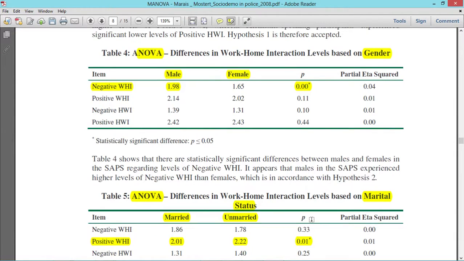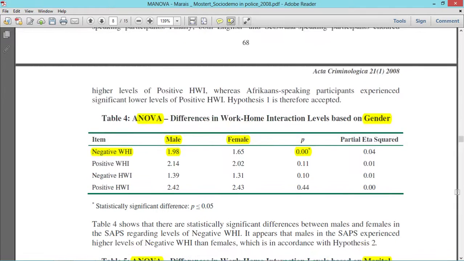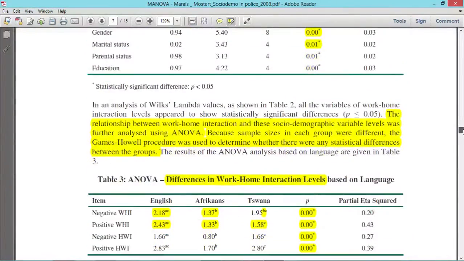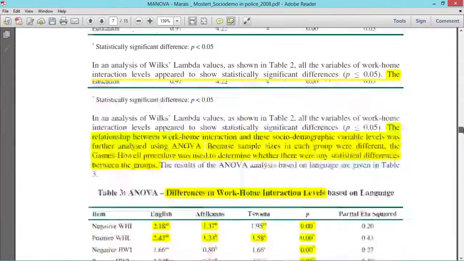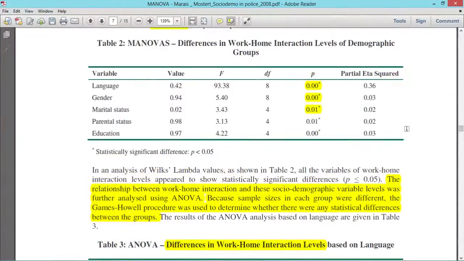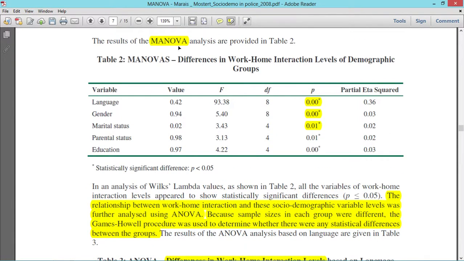Okay, so that's the concept that I've basically, I'm trying to think of the right word, conveyed. And I trust that if you go through this video a few times and you grasp the concept of what I'm doing, you'll be able to apply it in other MANOVA and ANOVA tables. Okay, so like we say, we go to the MANOVA table, we look for significant p-values.